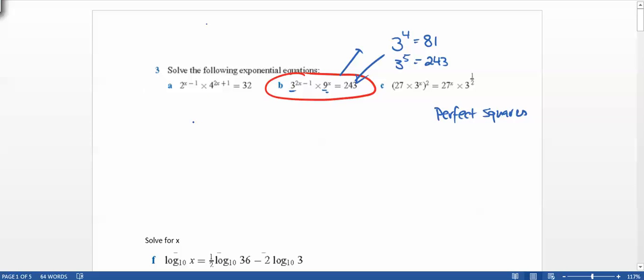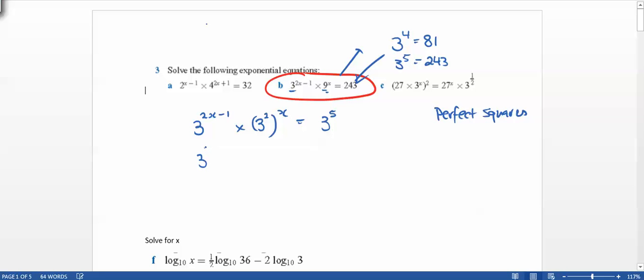First of all, we've got 3 to the power of 2x minus 1, and we're looking to solve this expression, times, well, 9 is the same as 3 squared, so I'm going to do that in brackets, 3 squared to the power of x, equal to, as we discussed, 3 to the power of 5, which is equal to 243. Now let's expand that out.